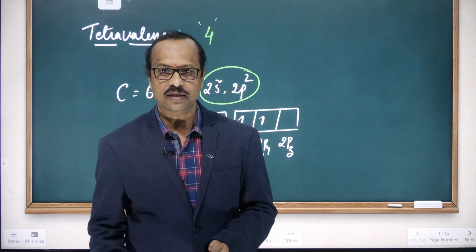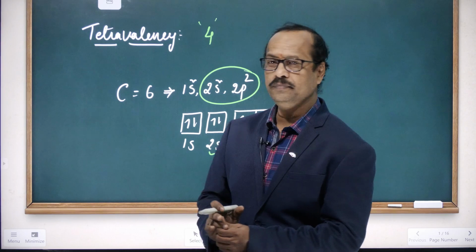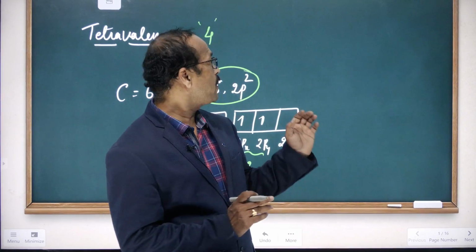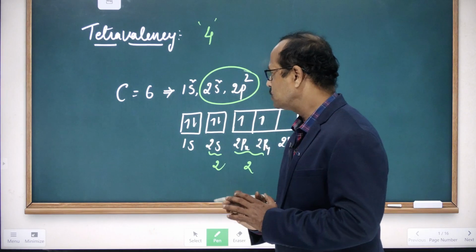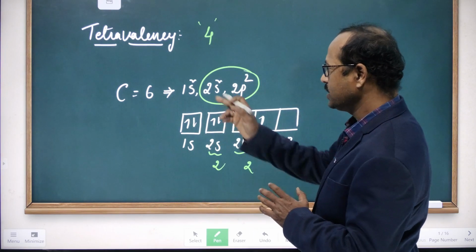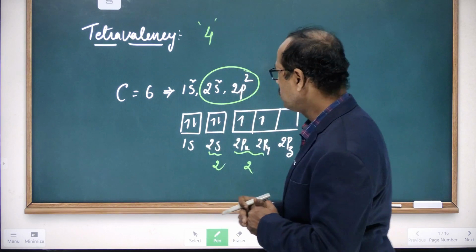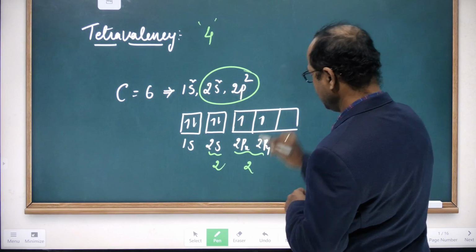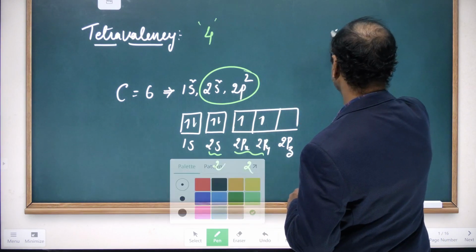That is octet configuration. So octet means what? 8 electrons. Okay. So here if you see, the carbon is 6. What is its nearest inert gas or noble gas? Here you can see students, this is carbon.